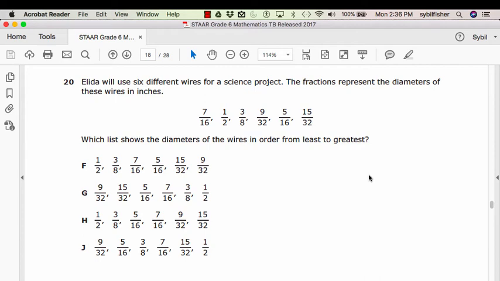Alida will use 6 different wires for a science project. The fractions represent the diameters of these wires in inches: 7/16, 1/2, 3/8, 9/32, 5/16, 15/32. Which list shows the diameters of the wires in order from least to greatest?